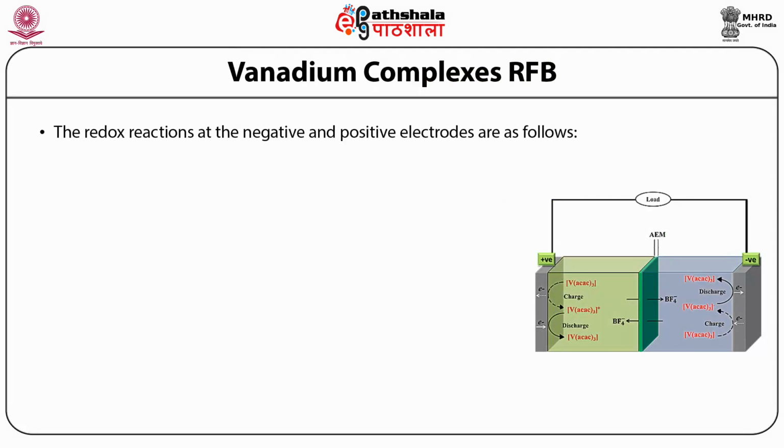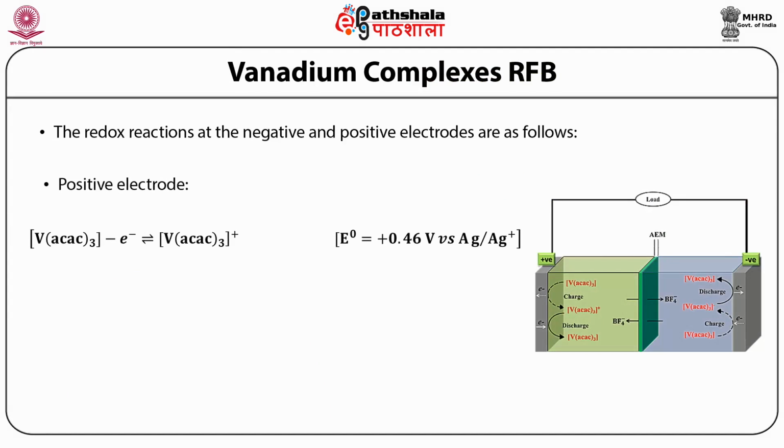The redox reactions at the negative and positive electrodes are as follows. V(acac)3 minus an electron charges or discharges to give V(acac)3+ with E0 equal to plus 0.46 volts versus Ag/Ag+.